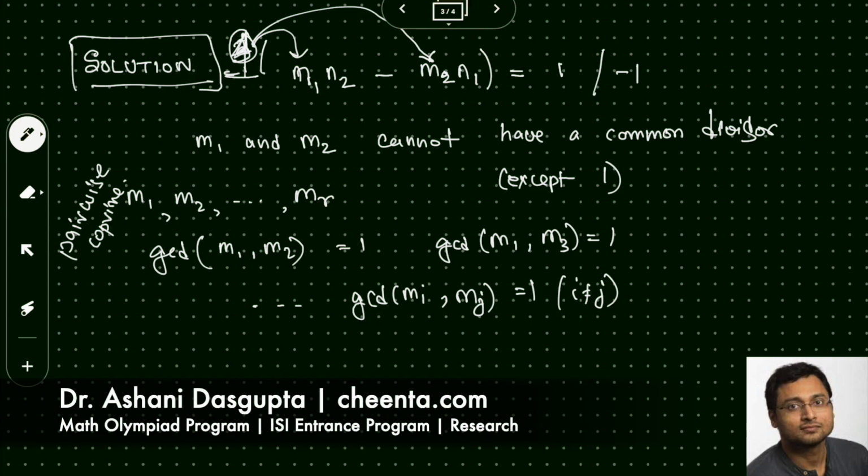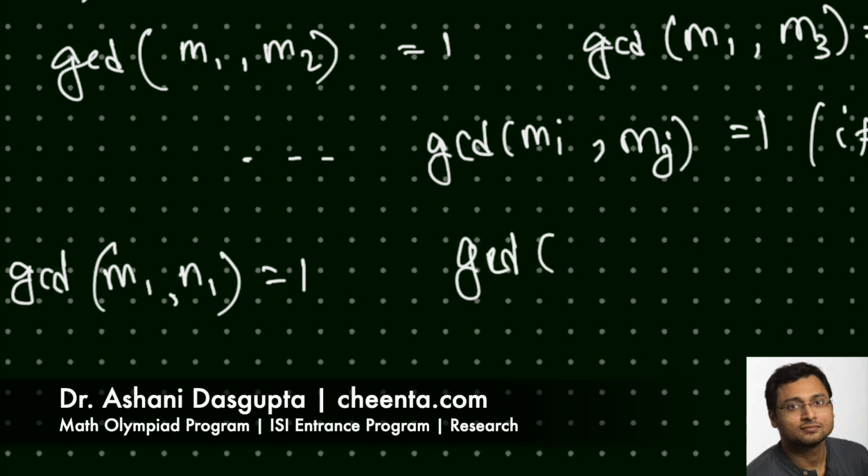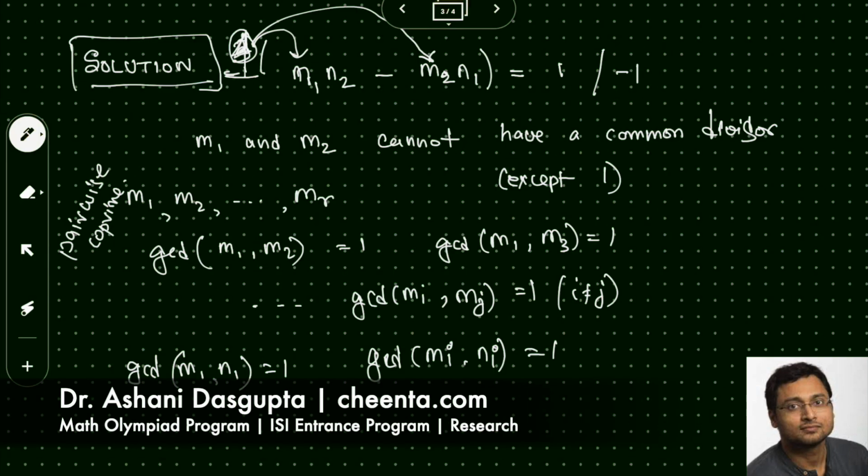And in fact, we can say that the GCD of m1, n1 is also 1, using the same logic. In fact, GCD of mi and ni is 1. So this is the information that we can directly have from these equations.